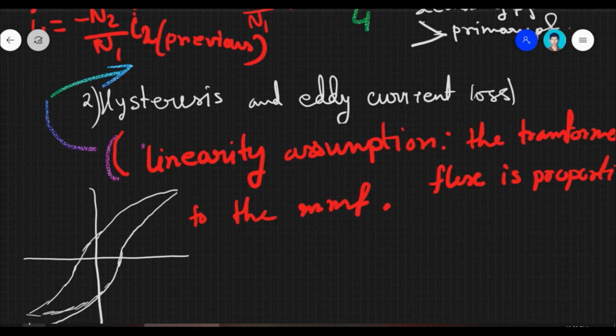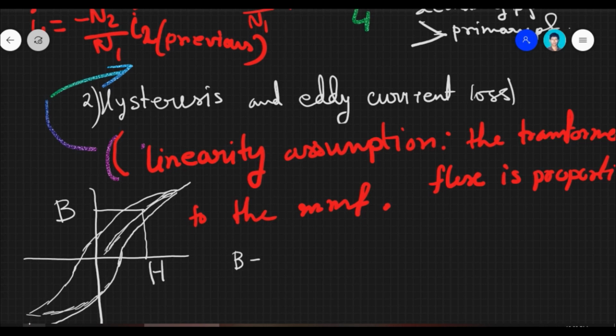So, more or less, this is our BH curve. This area indicates the energy loss due to BH, meaning hysteresis. This is our H, and this is our B, or flux density.